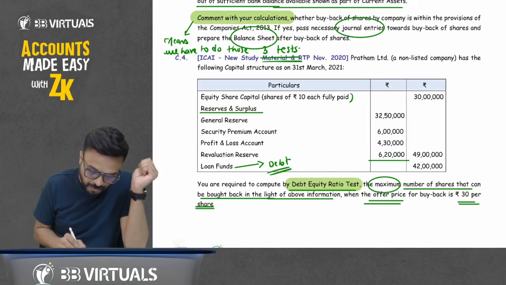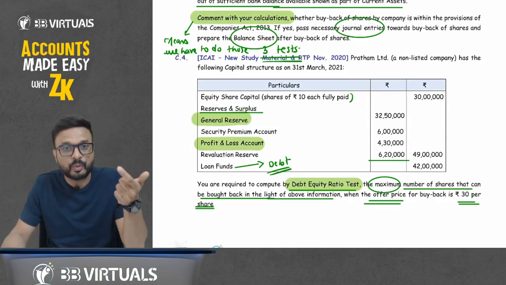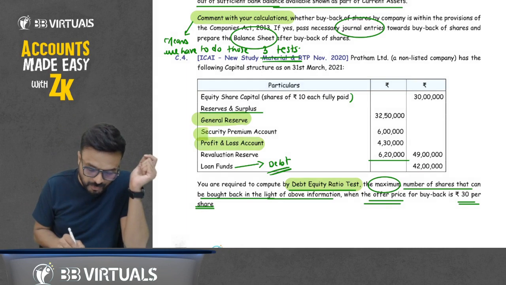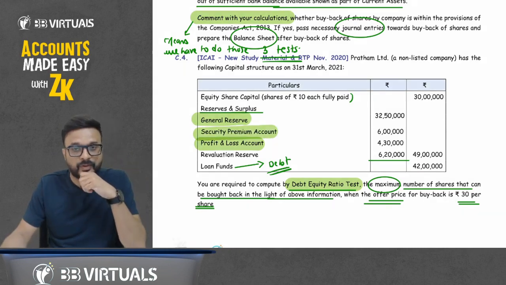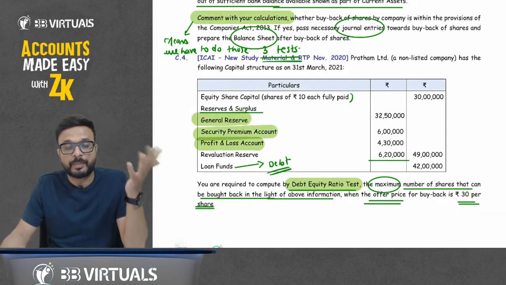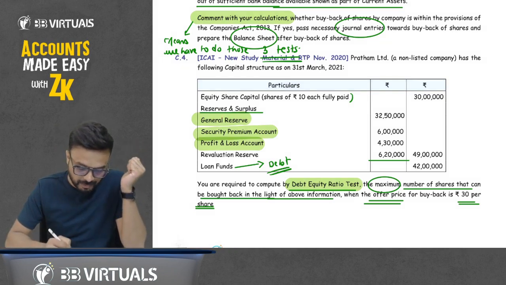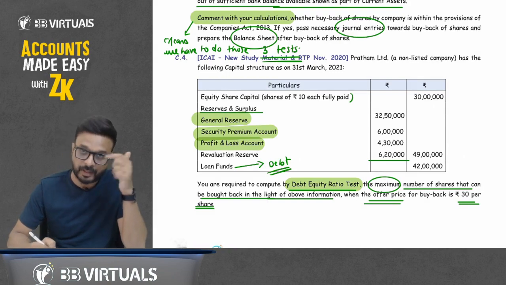This is free reserve: profit and loss account and general reserve. And you know that whenever I say free reserve in the buyback chapter, it includes securities premium account. So when we say paid up capital plus free reserve, that free reserve covers general reserve, P&L account and securities premium account.